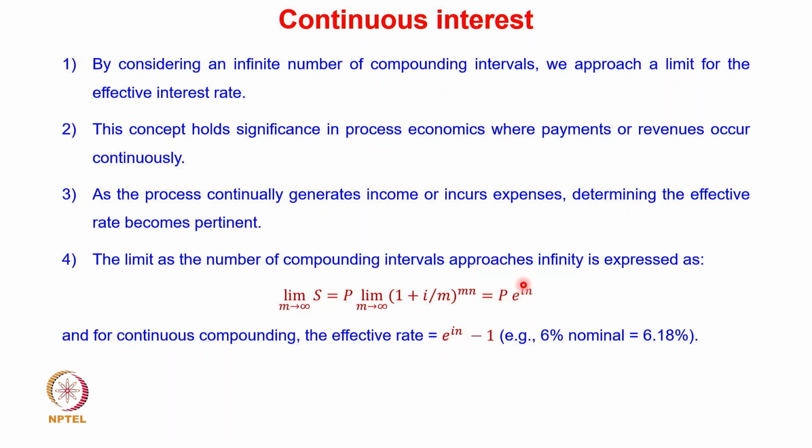The effective interest rate in this case will be e^I minus 1, and this effective interest rate will be higher than the nominal interest rate. If I take a 6% nominal interest rate, the effective interest rate comes out to be 6.18%. You can see that it has increased.